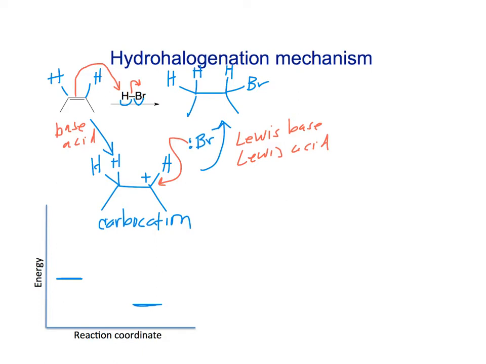We have an intermediate, which is going to be the carbocation. It's going to be somewhere higher in energy. So we're going to have a transition state between our reactant and our intermediate, second transition state going to our product. So this is our alkene, this is our carbocation, and this is our product.